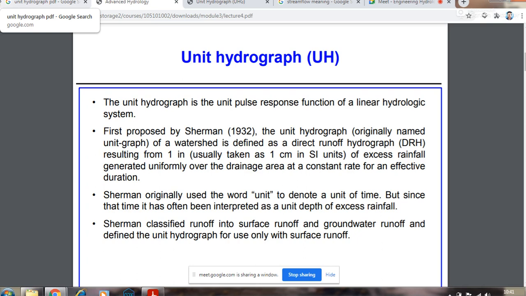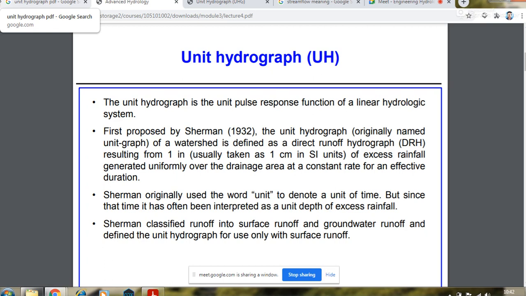Later on the name was changed on the basis of the fact that water is involved in it. So that is why it was known as the unit graph in the first place. But nowadays it is unit hydrograph. Okay, so obviously hydro means water, so that is why it is unit hydrograph.